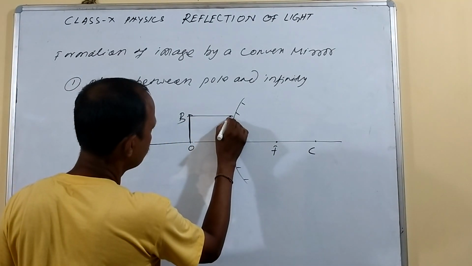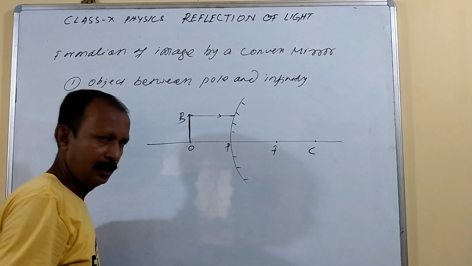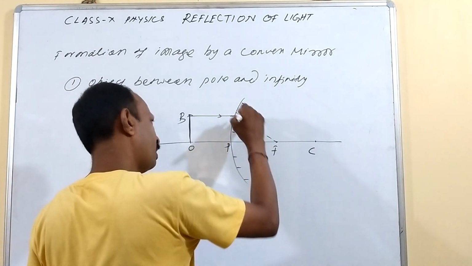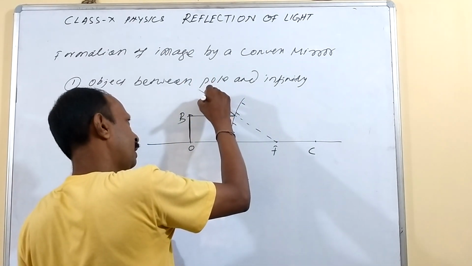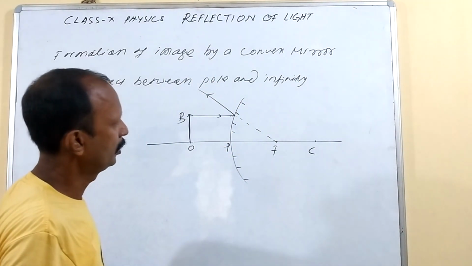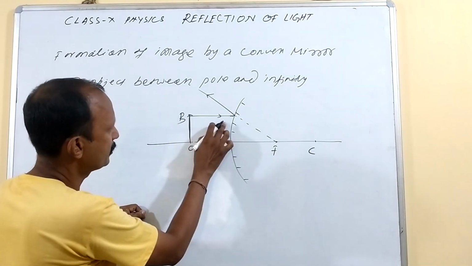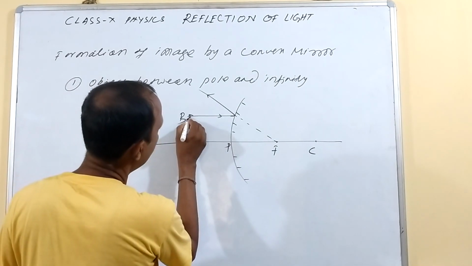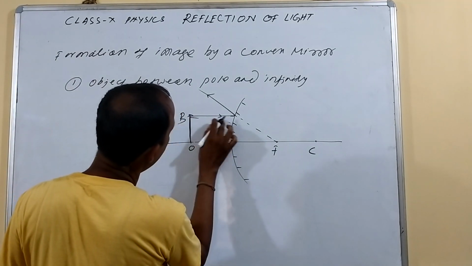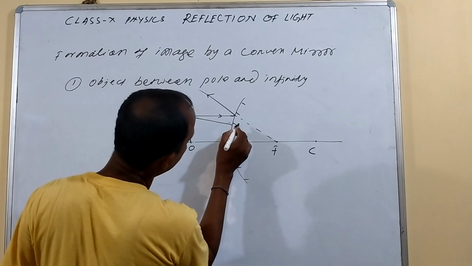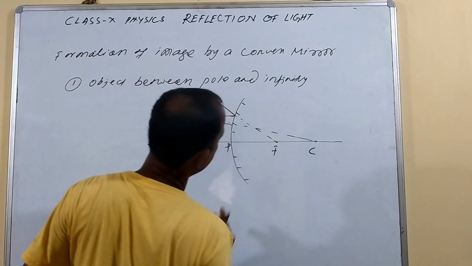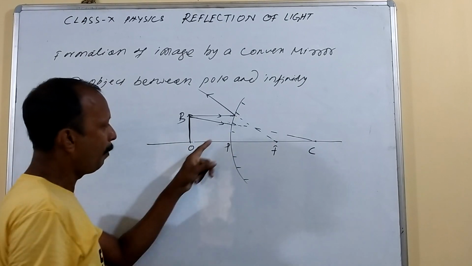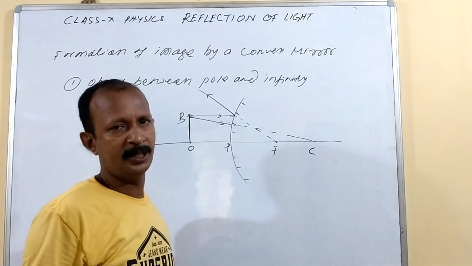So I am applying the first rule. A ray comes parallel to the principal axis. Then how will it reflect? It will reflect as if it is coming from the focus. So this is the incident ray, this is the reflected ray. Second one, now see here. Now this ray is coming towards the center of curvature.